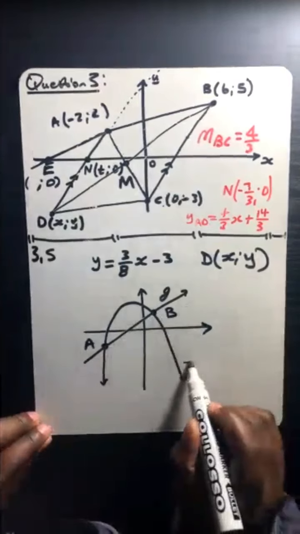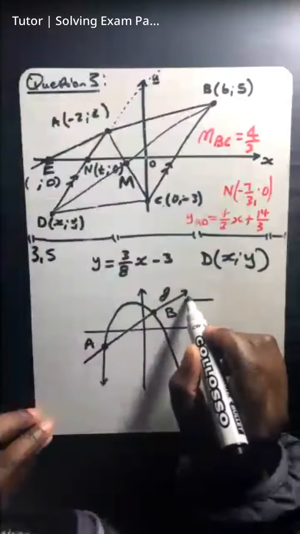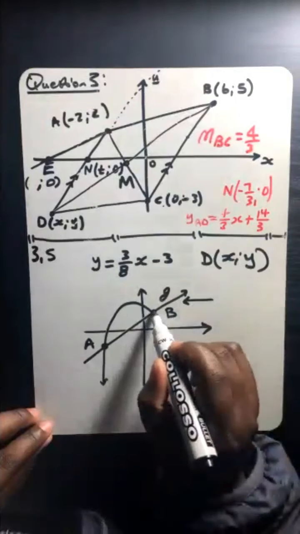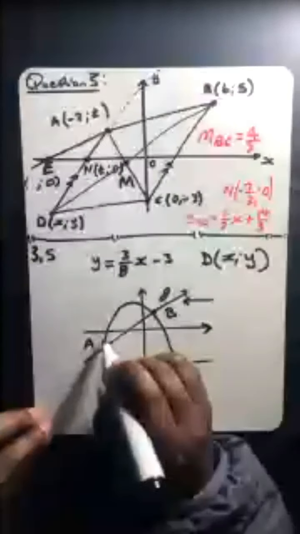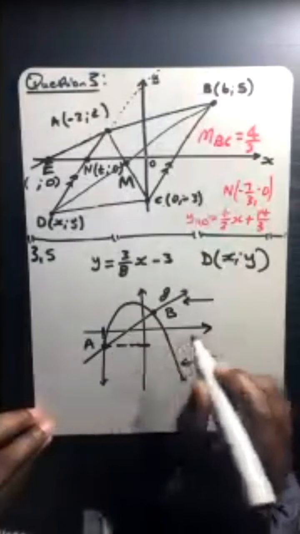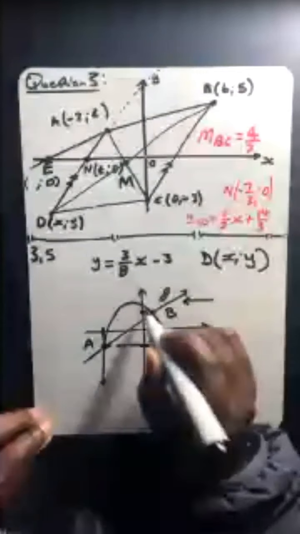If I know the formula for that function and I know the formula for that function, then where they intersect, they are actually equal in terms of the x and the y value.